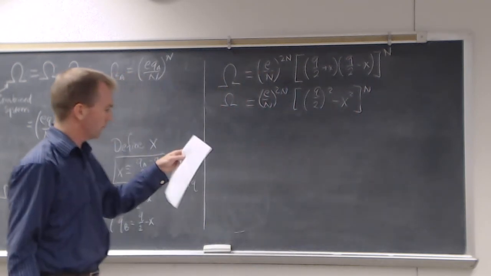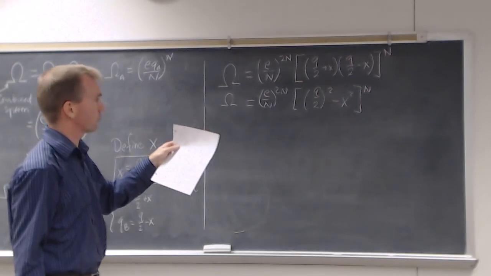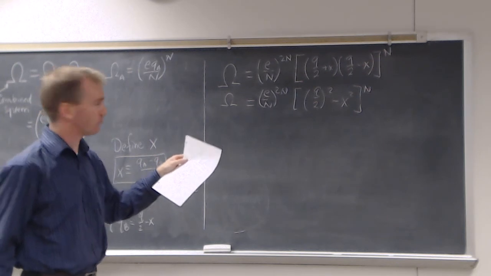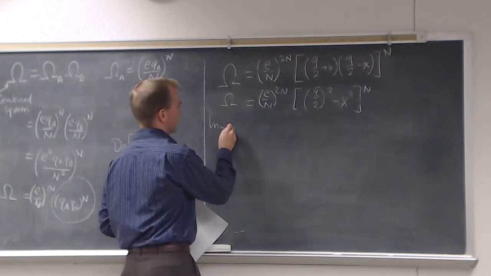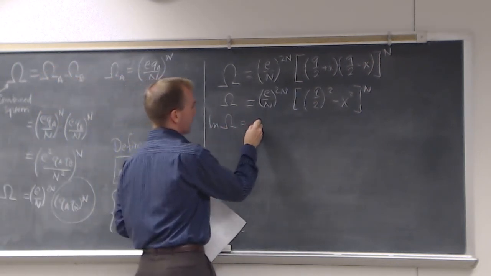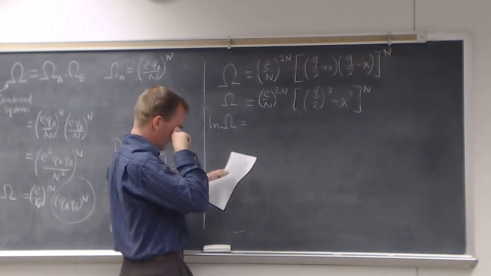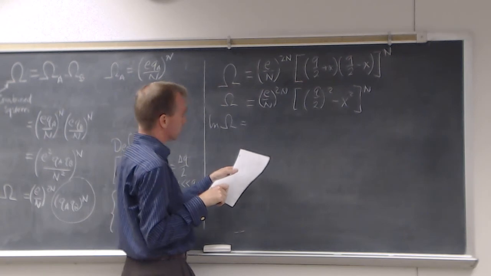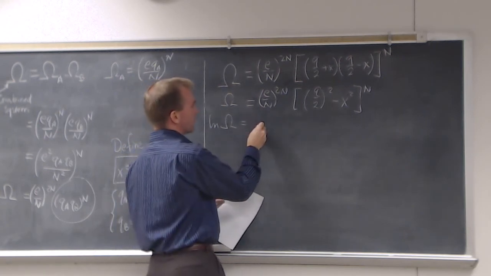Okay, that's simple enough: Q over 2 squared minus X squared, all raised to the nth power. Now I take the natural log of both sides. I think I'm going to leave this without doing anything yet.